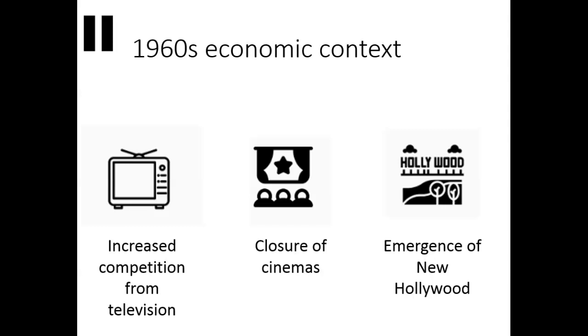Now, those three things on their own aren't going to give you enough information. So what I'm going to suggest now is that you undertake some further reading in order to give some depth to these topics.